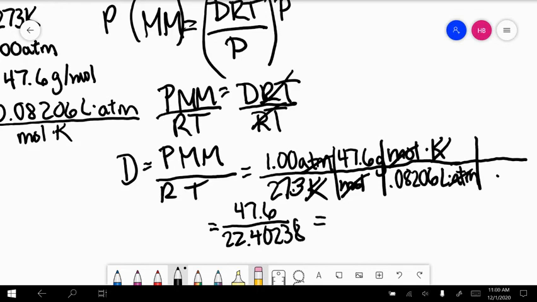So 47.6 divided by 22.40238 gives me a final answer of 2.12. 3 sig figs is what I was given, grams per liter, and that's the answer for the density.